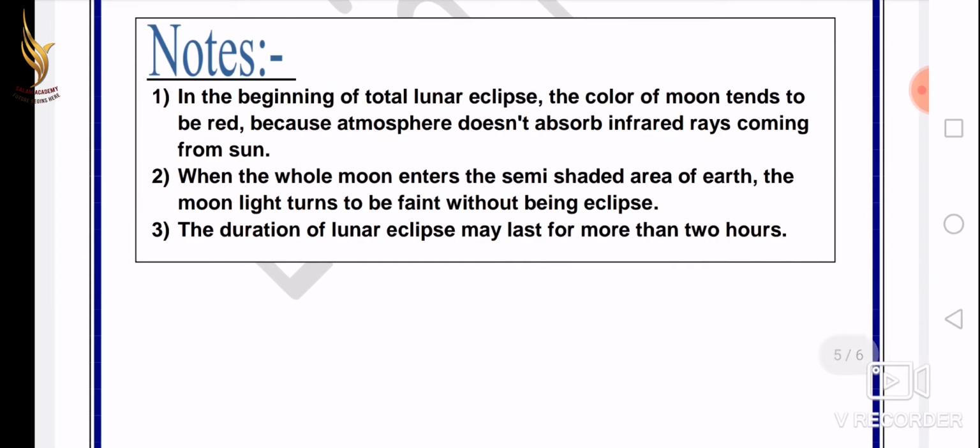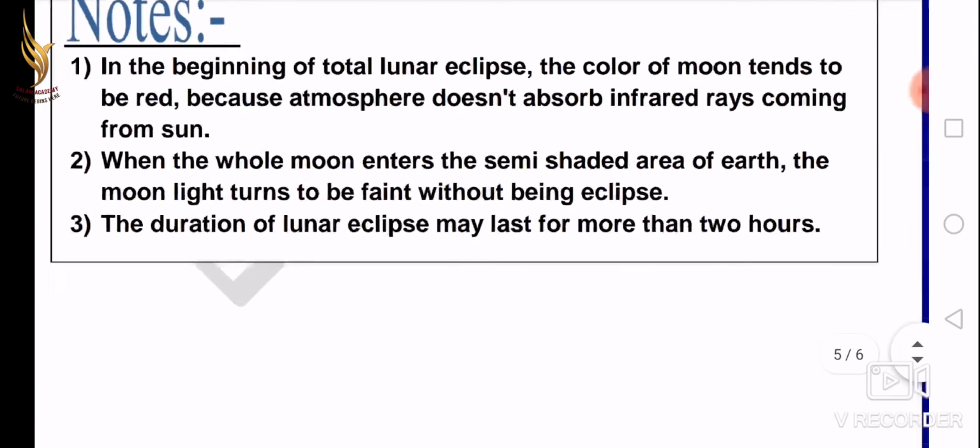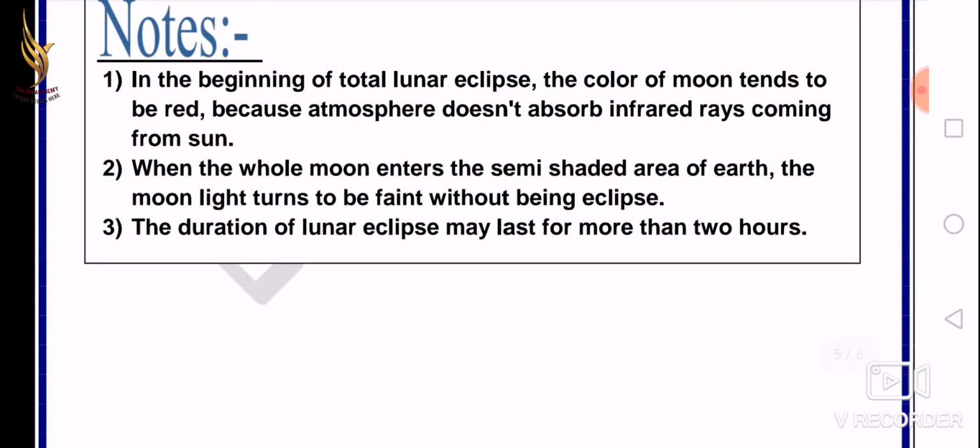When the whole moon enters the semi-shaded area, the moonlight turns faint without being eclipsed. When the whole moon is in the semi-shaded area, in the penumbra area, there is no lunar eclipse, and this is called a non-lunar eclipse.